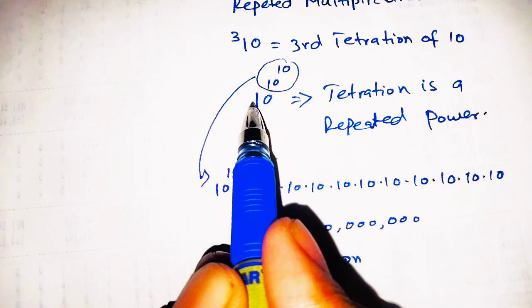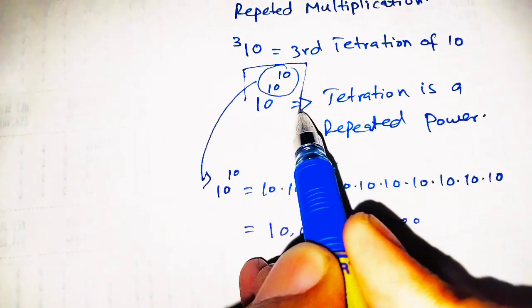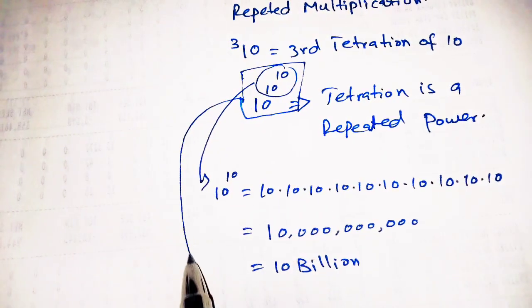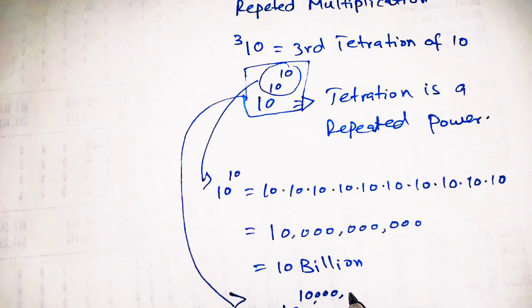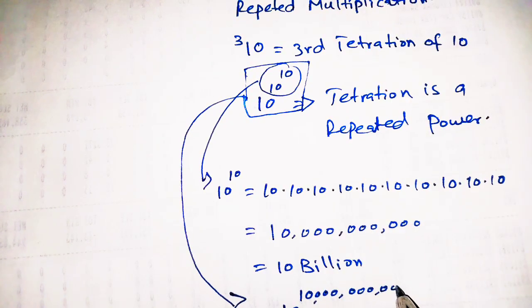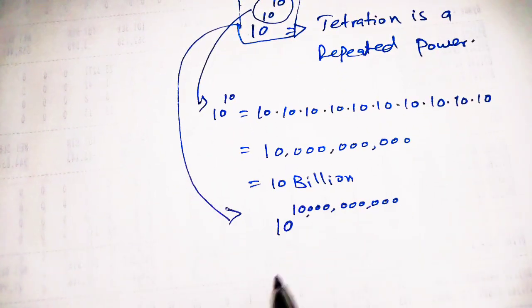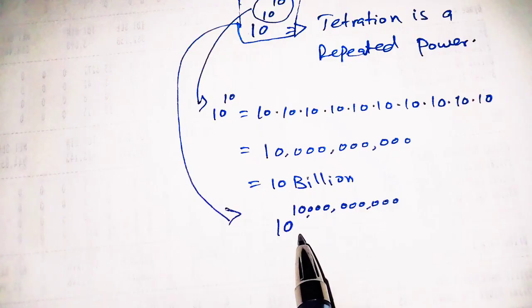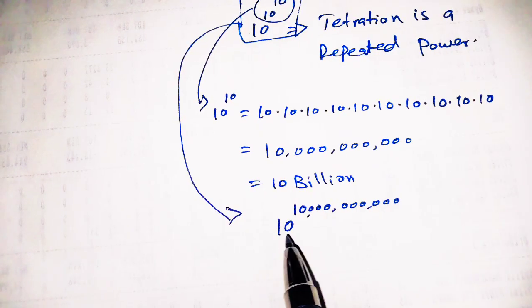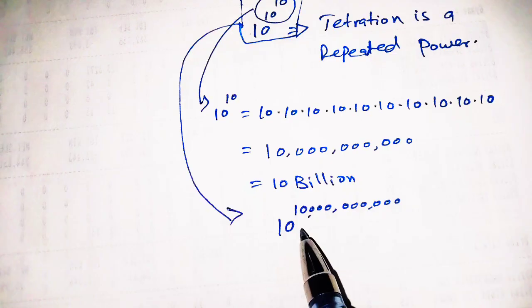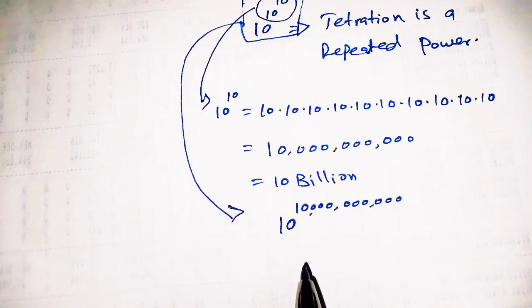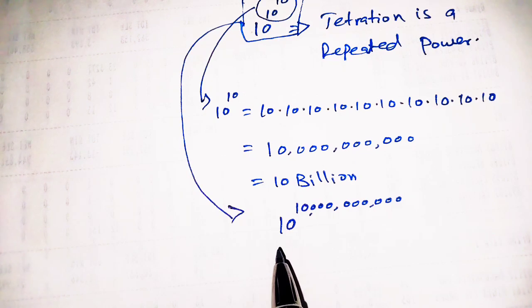Hence this whole term, the third tetration of 10, now becomes 10 raised to power 1 followed by 10 zeros. If we want to write or evaluate this, we cannot have enough space, as it is 1 followed by 10 billion zeros. Calculating its value is not possible for us, and it is a very huge number.